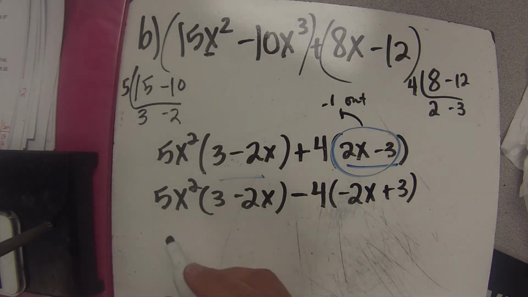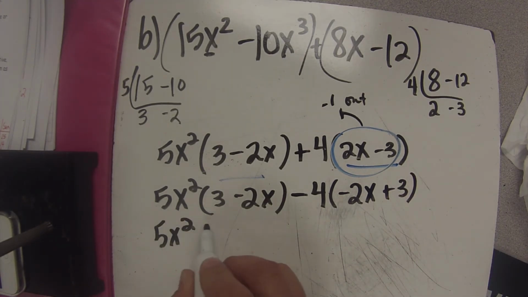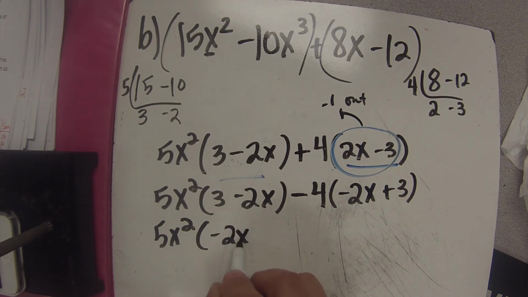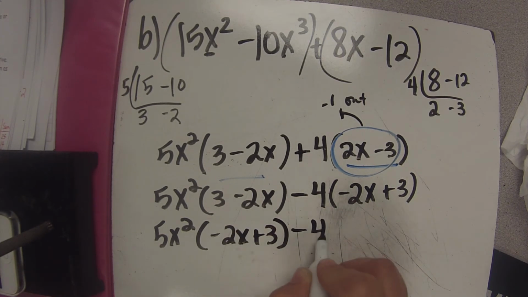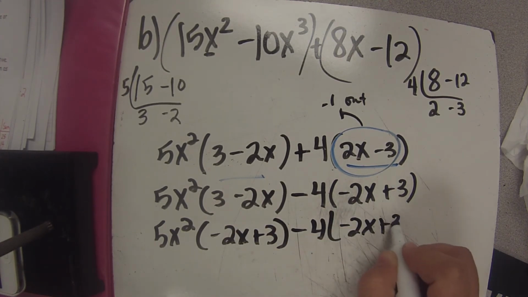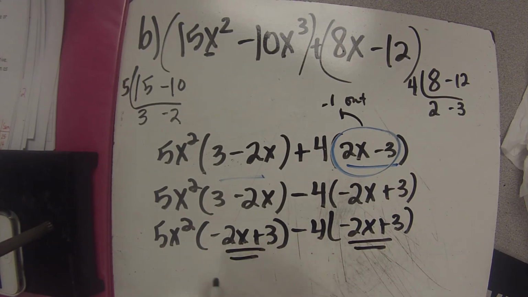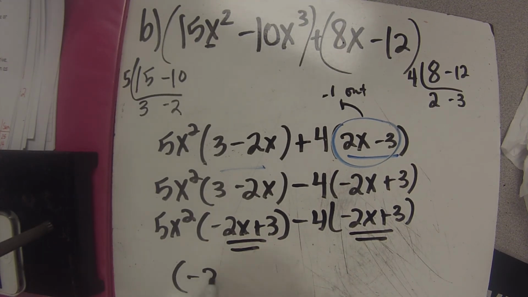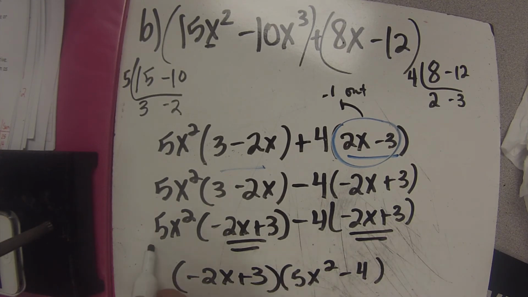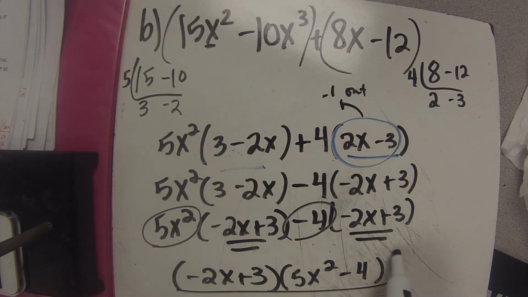Now, if I really want to be particular, I'm going to rewrite these in exactly the same form so I can clearly see which terms are the same. And so I pull out negative 2x plus 3 times what's left over, 5x squared minus 4. That's those terms here. And then this would be your final answer.